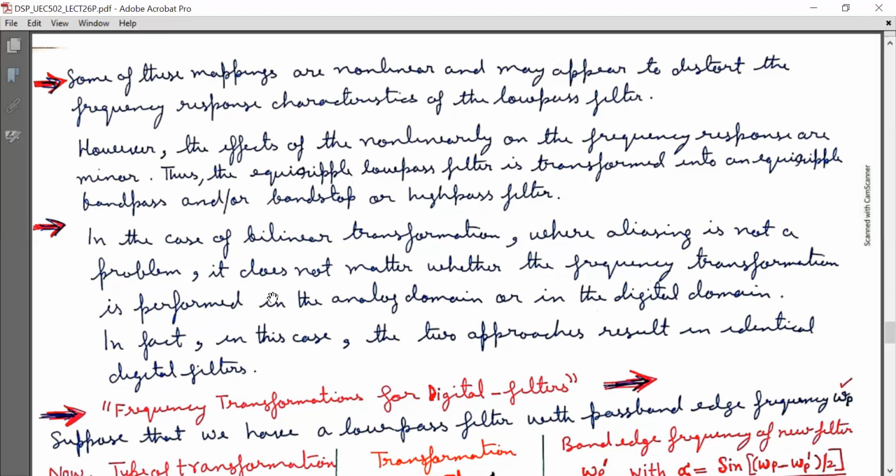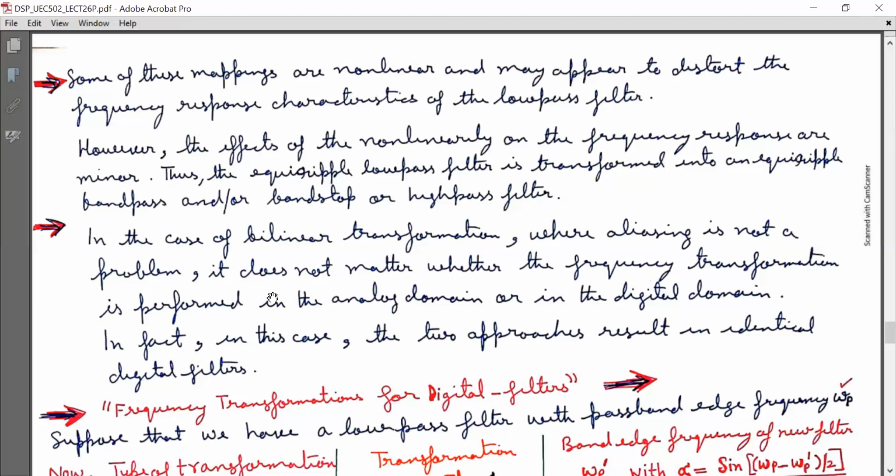So I can transform a low pass filter first to some other filter like a high pass filter, band pass or band reject filter in the analog domain, and then apply the bilinear transformation. Or I can transform the analog filter into the digital filter and then transform it into the high pass or band reject filter in the digital domain.